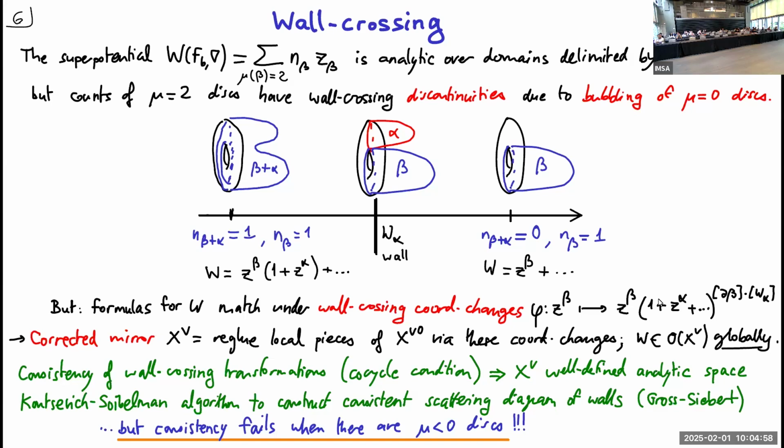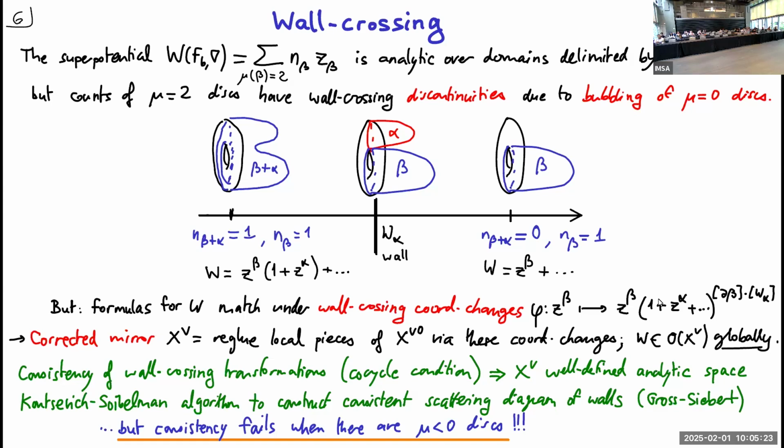So what's remarkable is normally when you say a function is discontinuous, you worry about how its values change. And here you shouldn't do that. Instead, the structure of the discontinuity that was first, I think, observed by Fukaya and Oh-Ono is that there is actually a coordinate change on the domain that corrects the discontinuity.